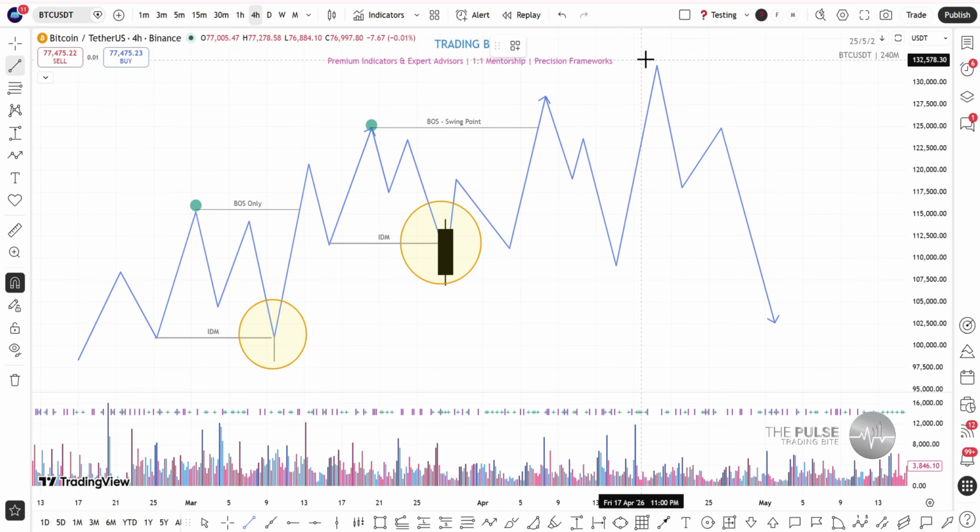Here it is. So now this is our highest point, which makes a break of structure. Let's draw a small dot here. So this is our highest point, and according to this is our inducement.